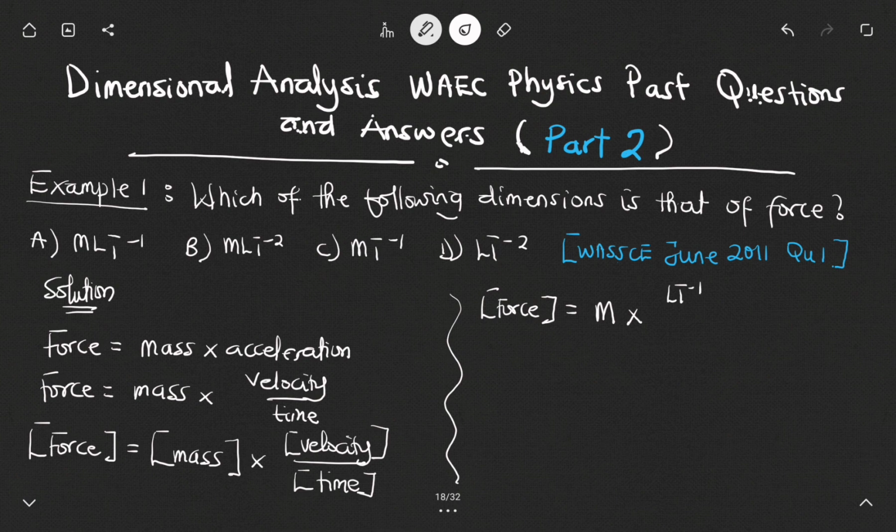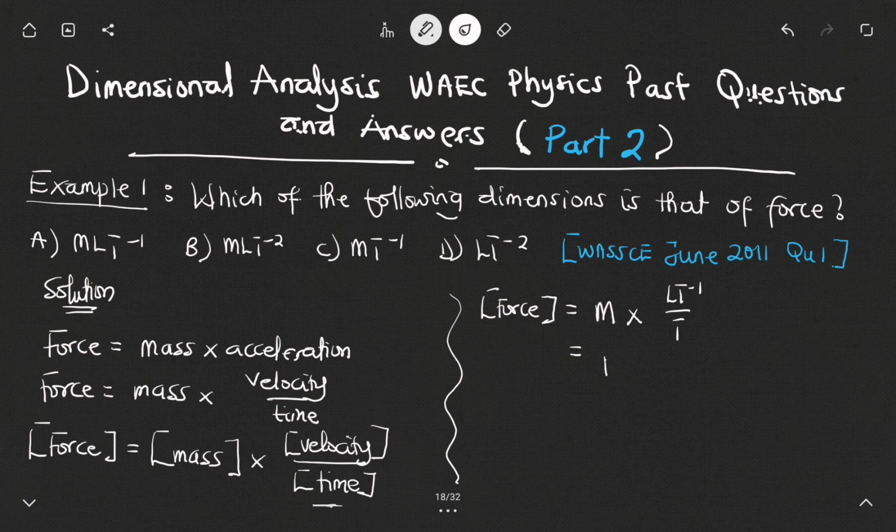If you watched the previous part 1 of this tutorial, you realize that velocity is distance over time, and the dimension for distance is L, then the time is T, so it becomes LT minus 1. Here you have T at the bottom. This T here is the time over here at the bottom.